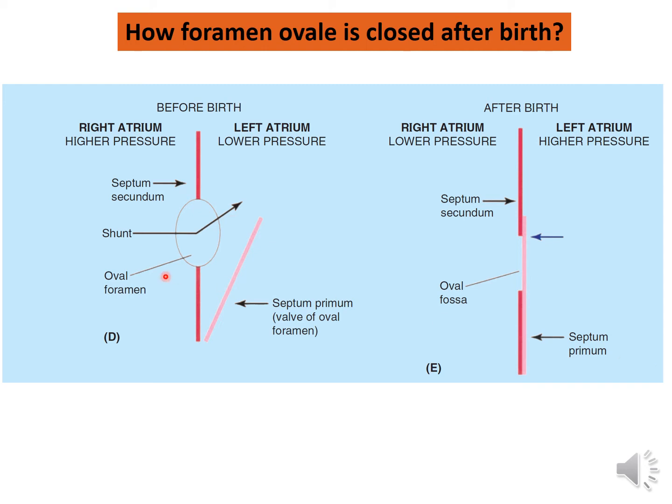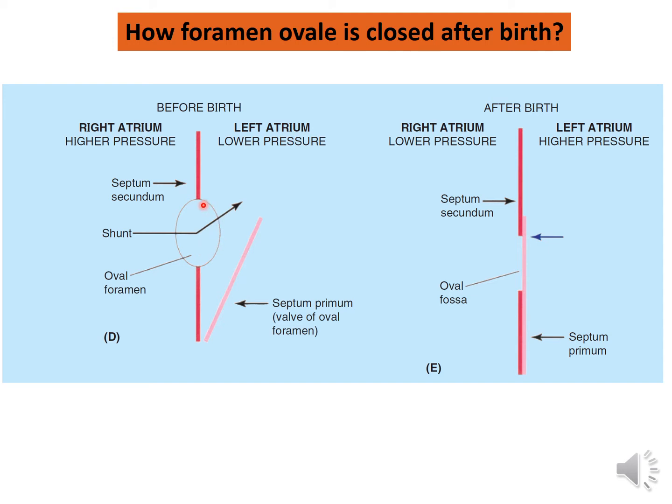In fetal life, as the lungs are not functional and the placenta takes over the function, the right atrial pressure is always high when compared to the left atrium, due to which the blood from the right atrium will shunt through this foramen ovale into the left atrium.